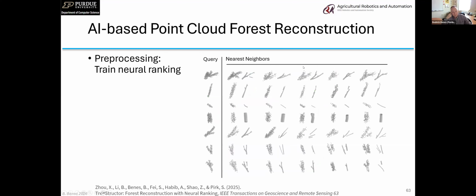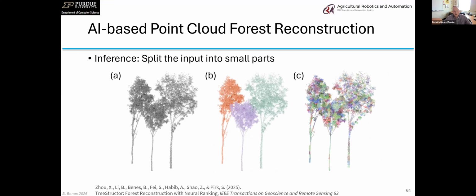Now, what we did, we created a giant dataset of pairs where you have a point cloud and the corresponding parts, which can be disconnected, as I mentioned. The algorithm works based on something called neural ranking. We take the input point cloud and find instances using a state-of-the-art algorithm. But the important thing is that we really don't care if the instances are not detected correctly.